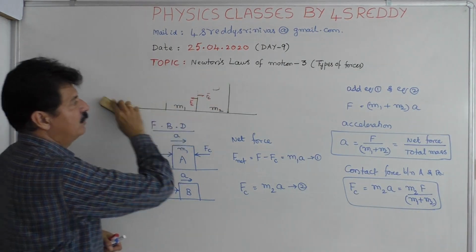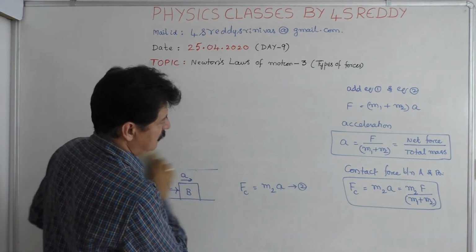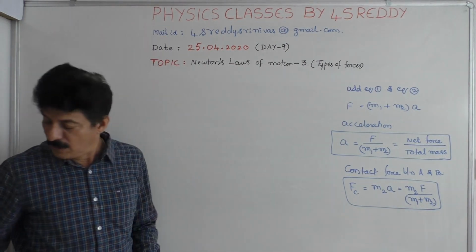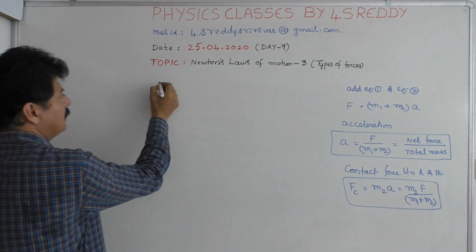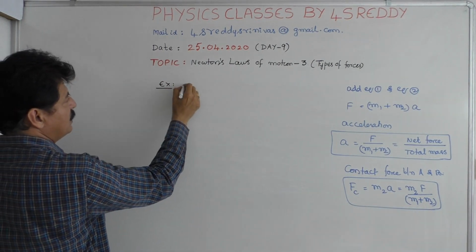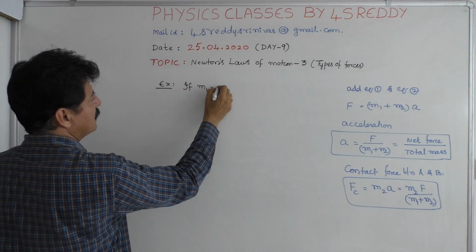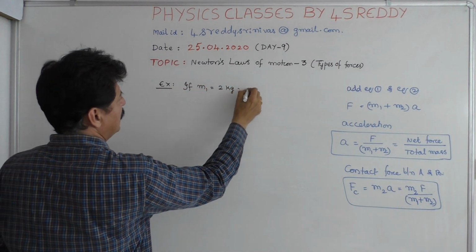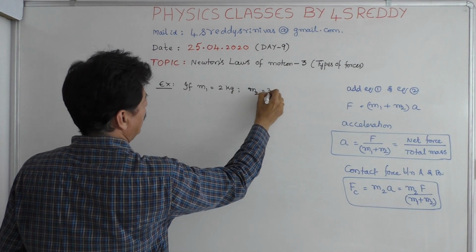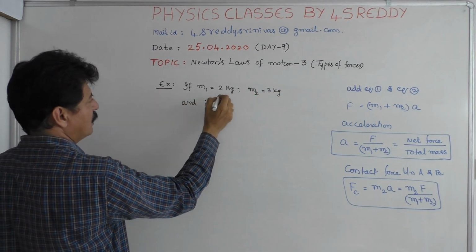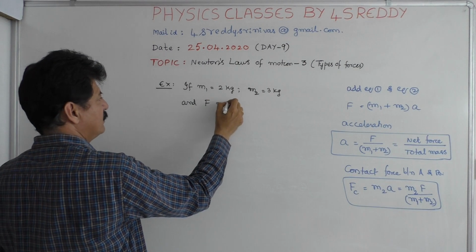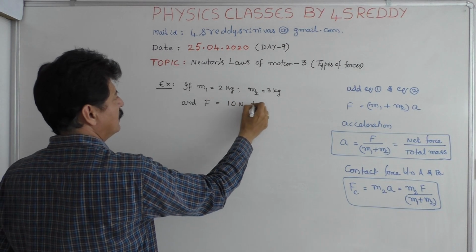For any given numerical values, we can easily calculate. For example, suppose M1 equals 2 kg, M2 equals 3 kg, and applied force F equals 10 Newton.